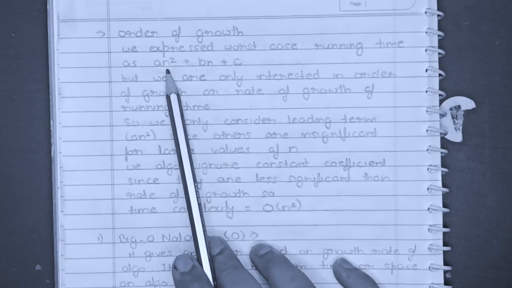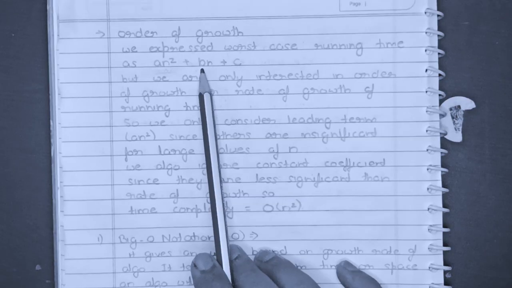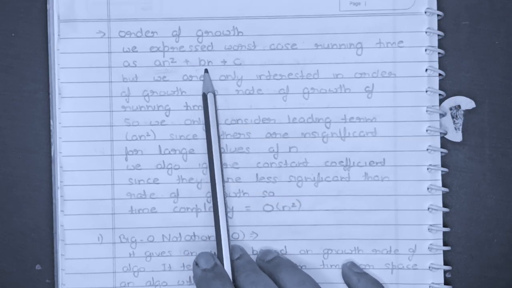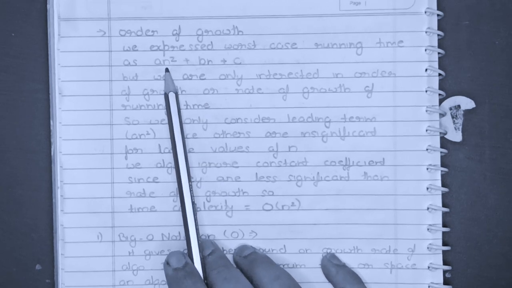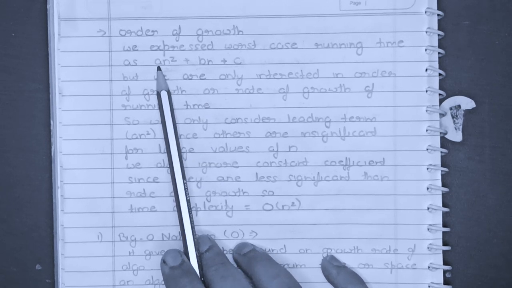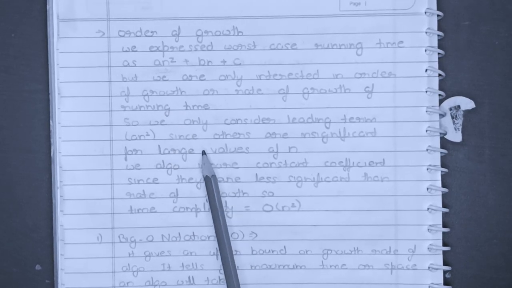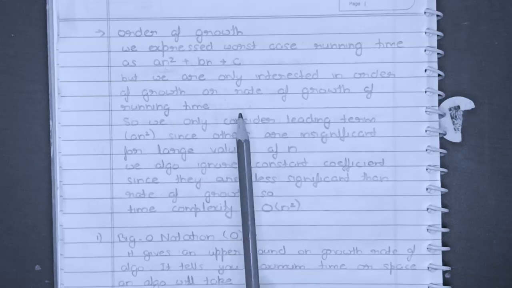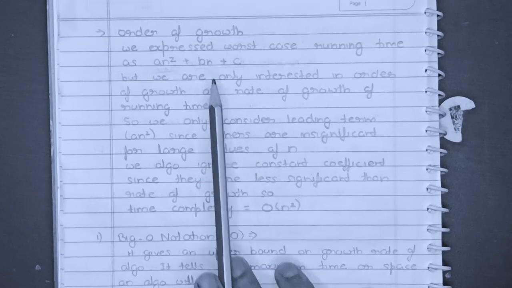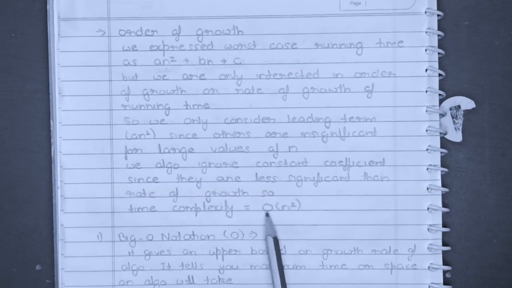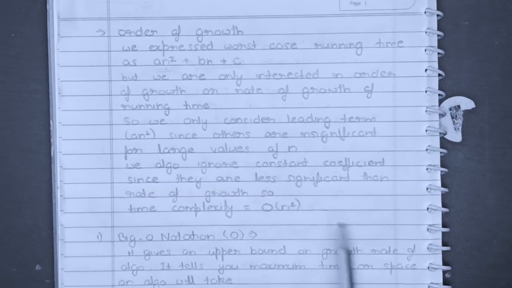This is because when n tends towards infinity, bn plus c, both the terms will be very insignificant to the value of an square. We can also remove the constants because they are independent of the value of n. So after ignoring all the insignificant terms, which are constants as well as the less significant variable terms, the time complexity for insertion sort will be big O of n square.